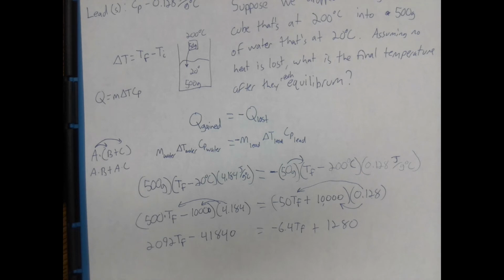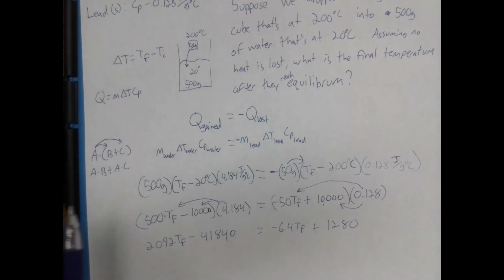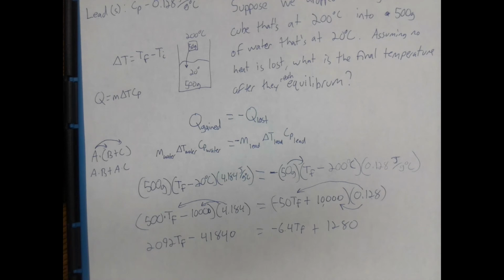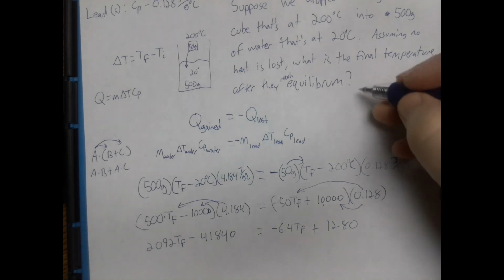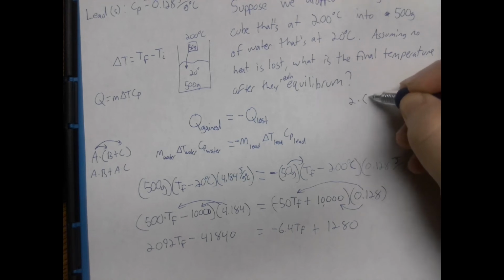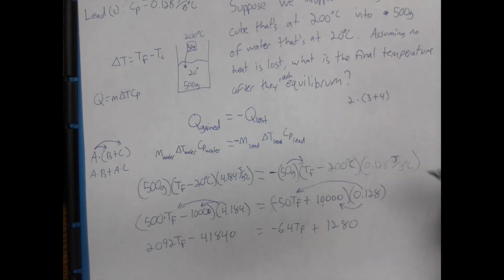Alright. Y'all done foiling, right? So again, when you're multiplying something times something in parentheses, you multiply what's on the outside to everything inside. So for example, if you have 2 times 3 plus 4, well, that's 7 times 2 is 14.